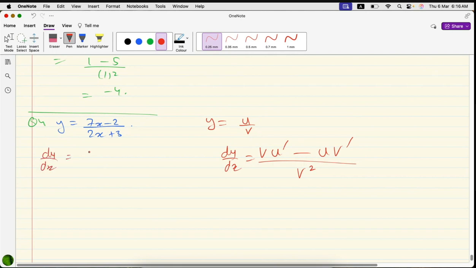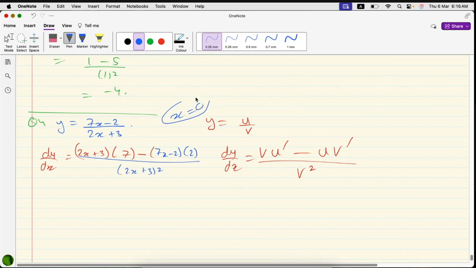So dy by dx, we start off with V into differentiation of U minus U into differentiation of V over V squared, and x was 0. So the VU dash minus UV dash.